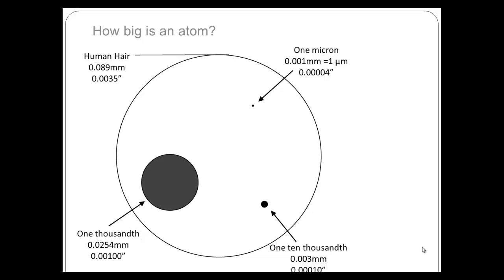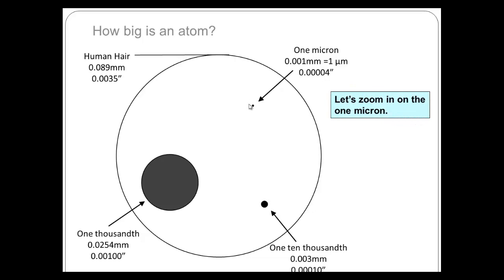And atoms are really tiny. I'm sure most of you already know that. If you were to actually take the diameter of a single human strand of hair, this would be your diameter. And if you were to take 1/1000th of that single strand of human hair, this is the size you'd have. 1/10,000th would be this, and that's 1 micron.